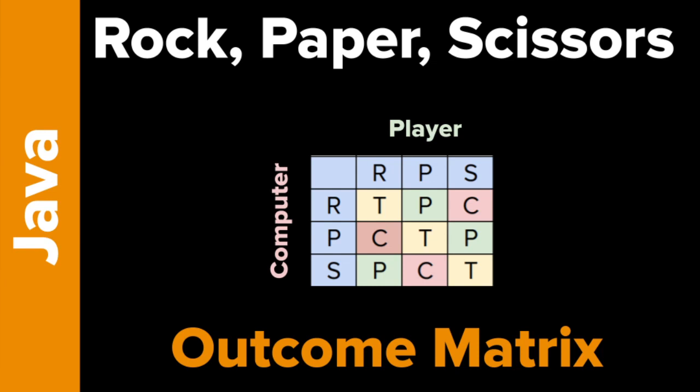Now we've already done that one. So I'm going to code all of those possibilities. Rock beats scissors, paper beats rock, and scissors beats paper. So you can see here I've coded all 3 possible wins for the user.